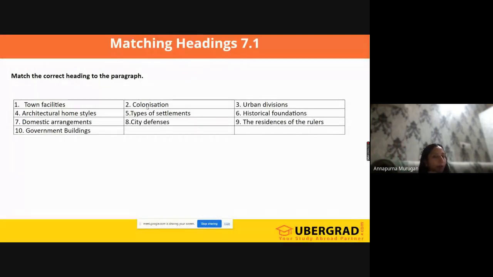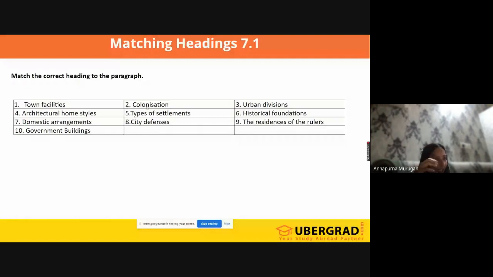Whether it is talking about colonization? It is not talking about colonization. Colonization means somebody coming and occupying it. Okay, urban divisions? They are just talking about town classifications.